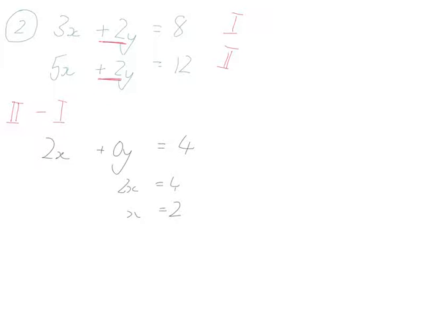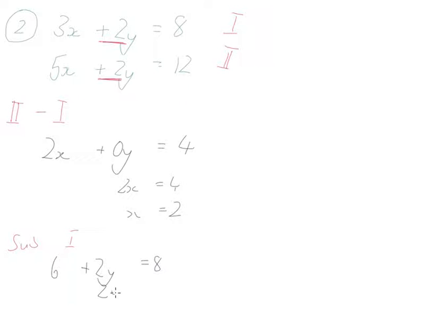Okay, I want to go through and find a y value now as well, so I'm going to substitute that back into an equation. It doesn't matter which one. I'm going to substitute it into equation 1. Substituting x equals 2 into equation 1 gets me 6 plus 2y equals 8.